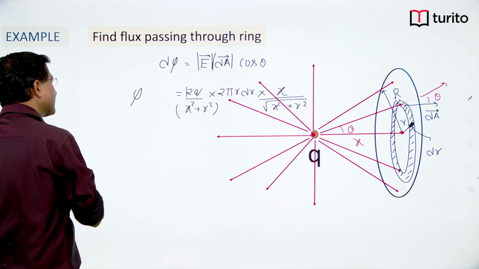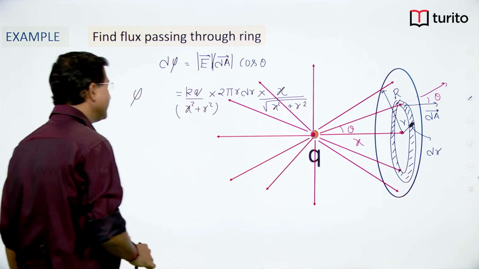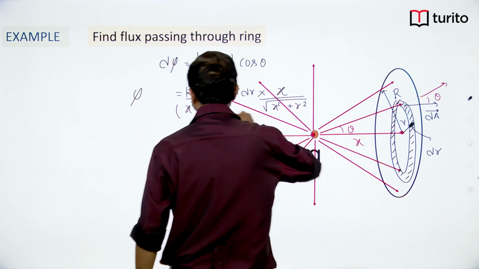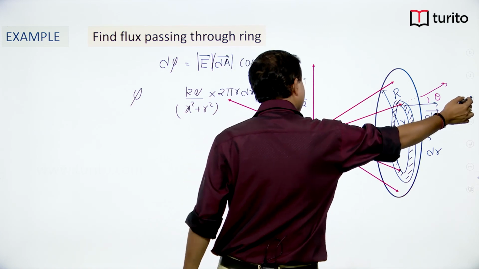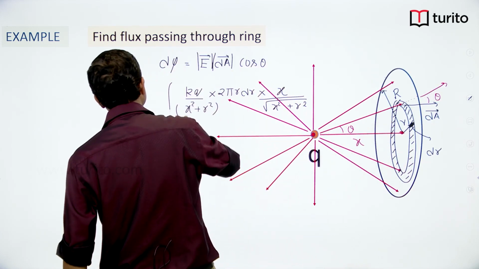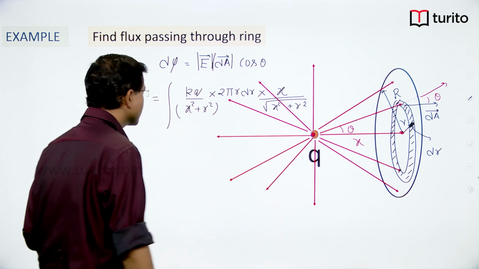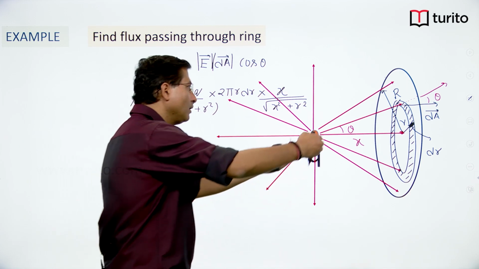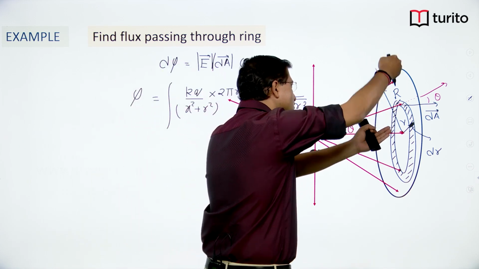So, to get total flux associated, I need to integrate this function for the whole surface of the disc.